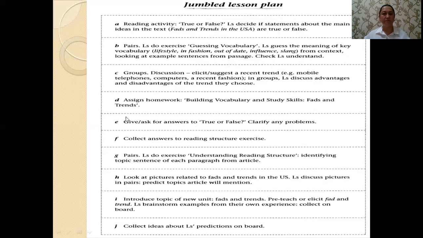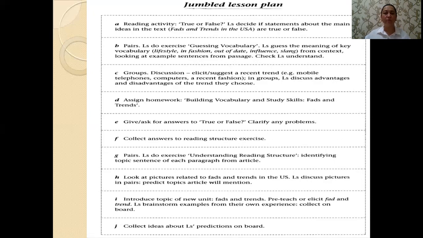No, C. Groups. Now students work in groups. The discussion elicits, suggests a recent trend, mobile telephones, computers, a recent fashion in groups. So, and then the last one is D, assign homework.